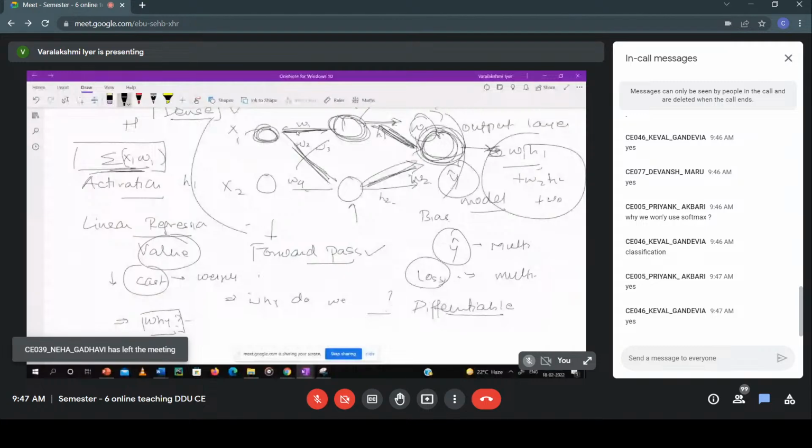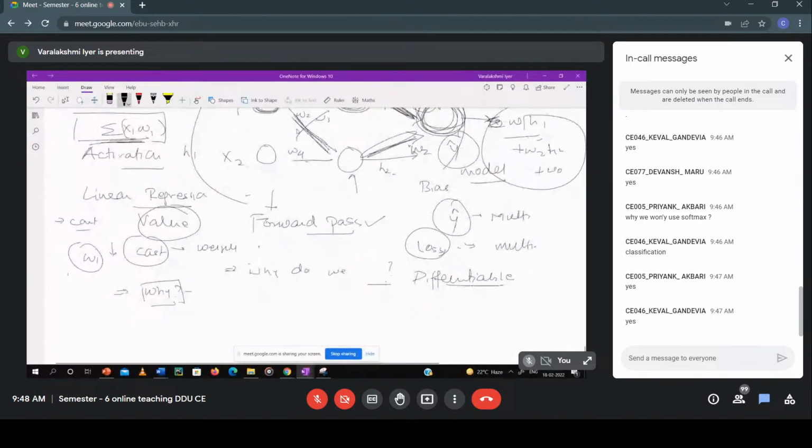Then the next process will be to calculate the cost associated with the multi-layer perceptron, and then adjust the weights associated with all the connections such that the loss is minimum. That was the case in linear regression as well, and that is what we'll be doing in the multi-layer perceptron as well.